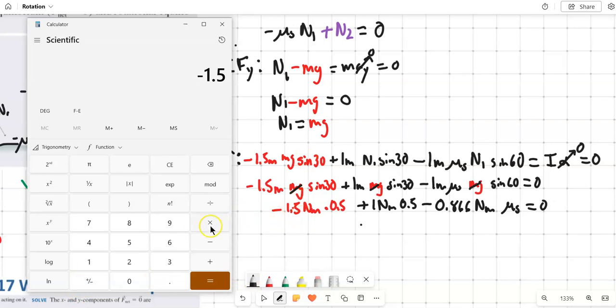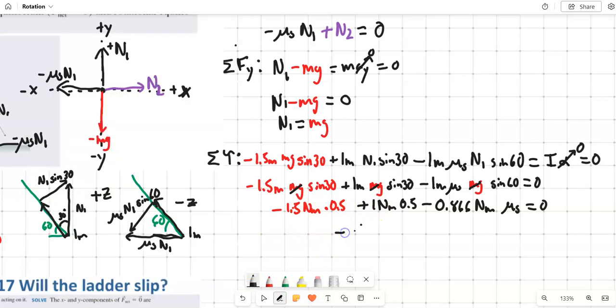So negative 1.5 times 0.5, and we're going to add to that 0.5. So negative 0.25. So putting these two together, we get negative 0.25 Newton meters minus 0.866 Newton meters mu sub s equals 0.